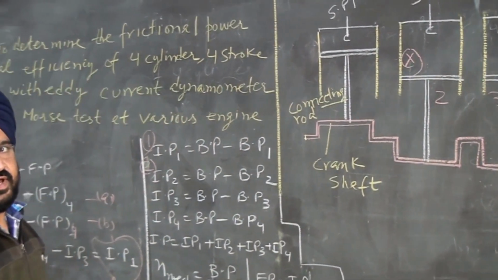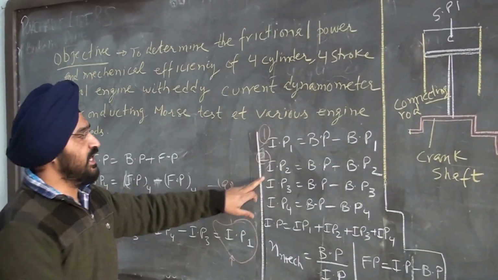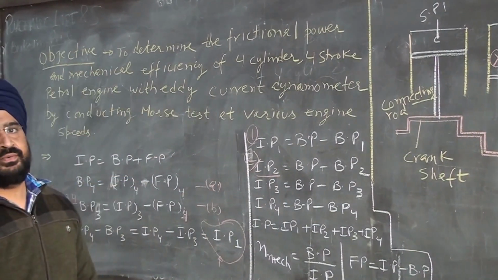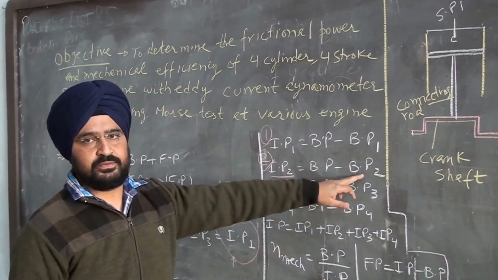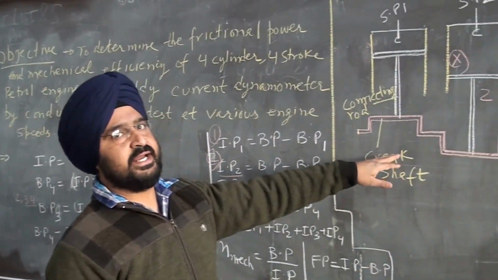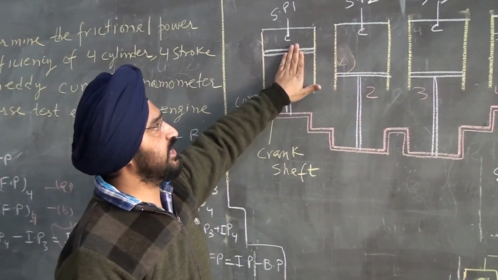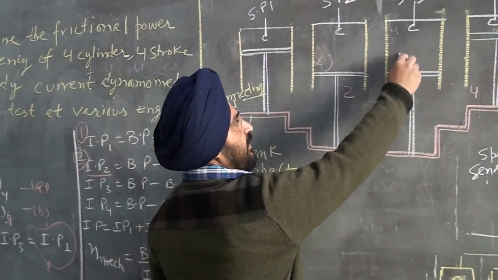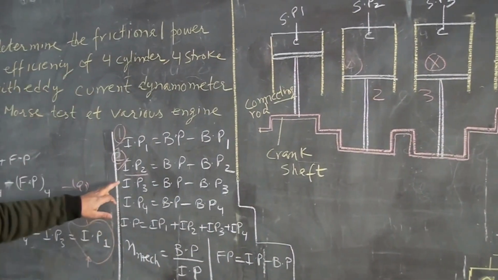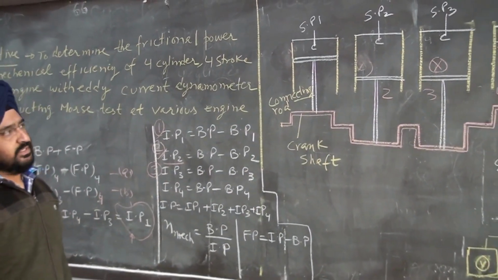When you cut off the second cylinder, we get the indicated power of the second cylinder IP2, equal to brake power minus BP2. Then again we come back to the diagram, the first and second are working, and we cut off the third cylinder, so we get the indicated power of the third cylinder in the same fashion.